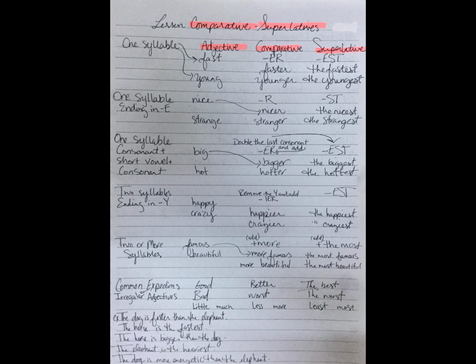We should remember one syllable, consonant plus a short vowel, okay, we double it, like what I was just telling you right now. So if we have a one syllable word that ends in a consonant, but before the consonant there's a vowel, like big, G is a consonant, and then we have I, that's a vowel, so we have to double the G, like I was telling you.